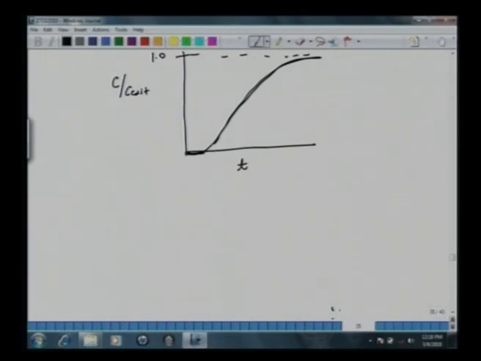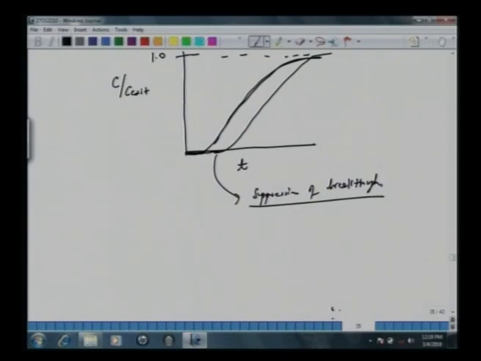In other words, you will like to develop an adsorbent which, for the same conditions, will increase this time here. So this is called suppression of breakthrough. From the industrial point of view, one has to optimize operating conditions, or choose a superior performance adsorbent, which will increase the breakthrough time from here to here.